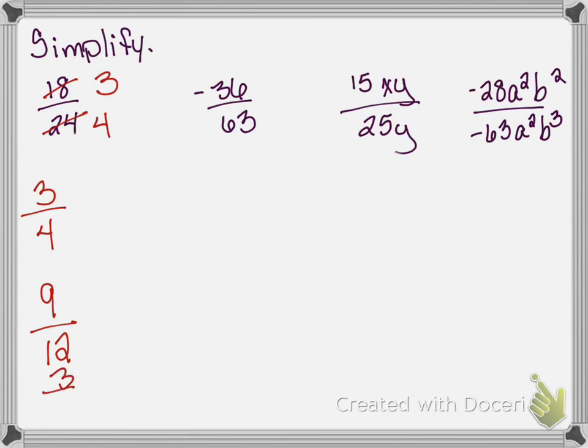That is okay, but you definitely want to get into the habit of saying, can I simplify this further? That's something you're going to want to do on all of these. Now, the next one, negative 36 over 63. 9 goes into both of those. 9 goes into 36 4 times. 9 goes into 63 7 times.